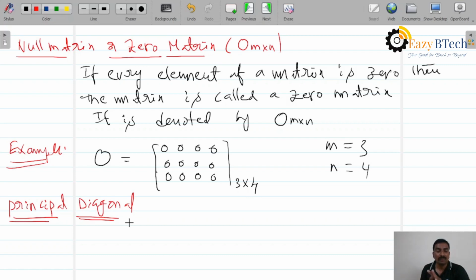Only square matrices have a principal diagonal. Rectangular matrices do not have a principal diagonal. So to discuss the principal diagonal of a matrix, first we have to test whether that matrix is a square matrix or not. That is a very important point.